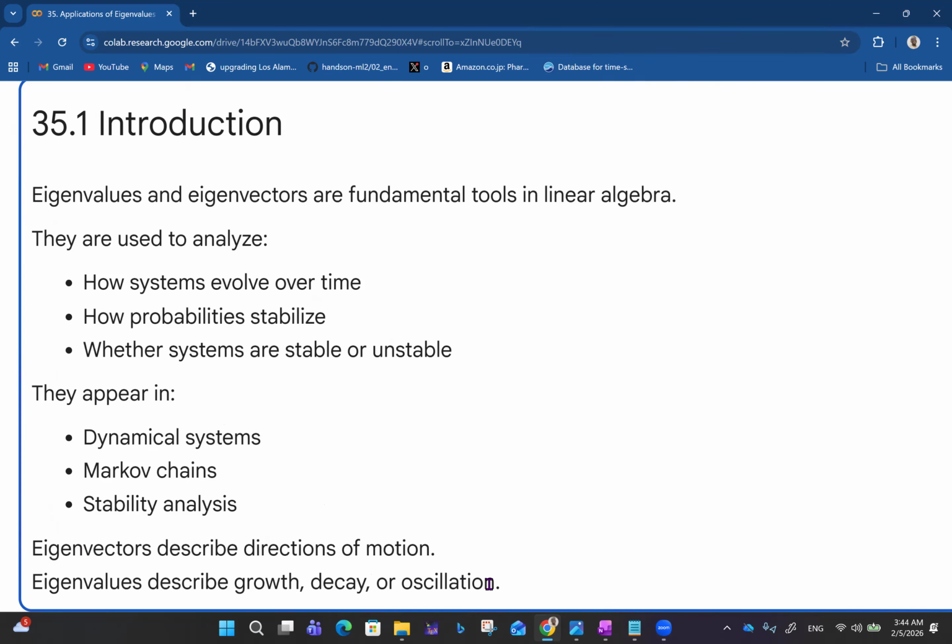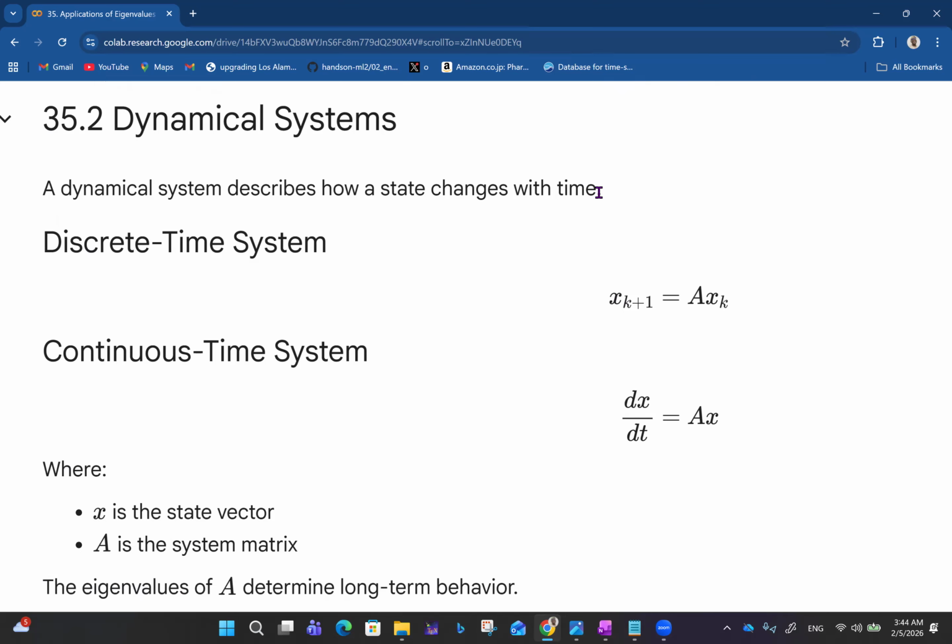Talking about dynamical systems straight up, we look at how eigenvalues and eigenvectors help here. A dynamical system describes how a state changes with time. That's basically a dynamical system: the evolution of a system or a situation over time. We can have a discrete time system, where something is countable, like x sub k plus 1 equals A x sub k.